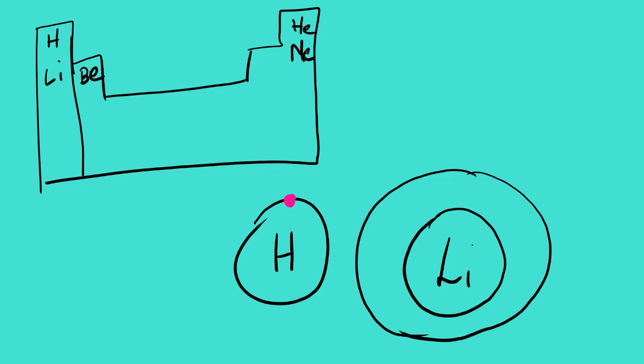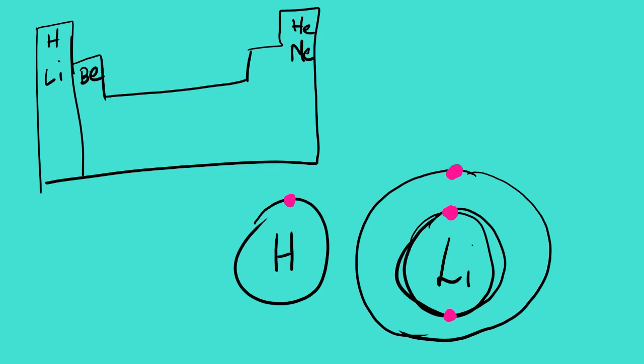Remember the first energy level, or the first energy shell, can only occupy 2 electrons. So since lithium is element number 3, it will have 3 electrons. The first energy level will have the maximum, which is 2 electrons, and then we jump to the next energy level, the second energy level, which will only have 1 electron. So all in all, we have 3 electrons on lithium.